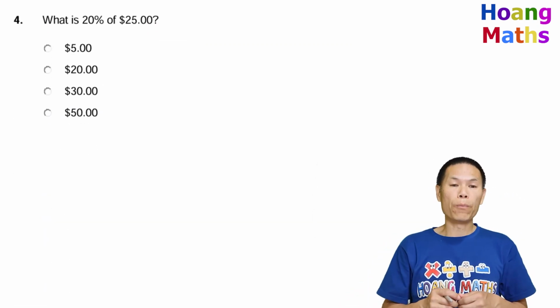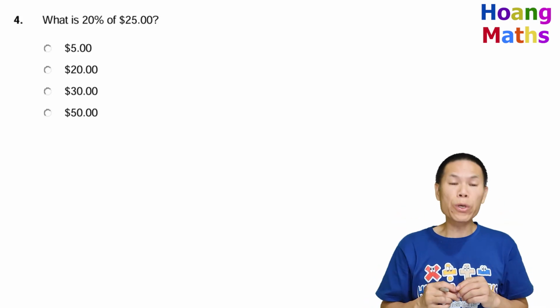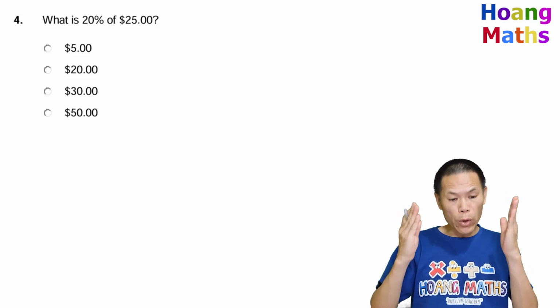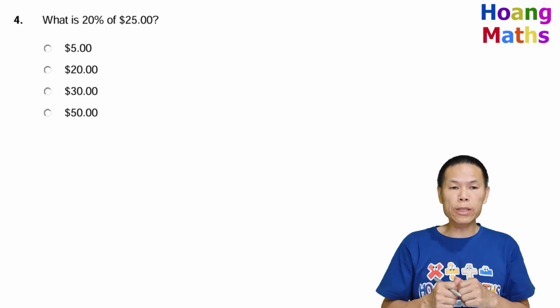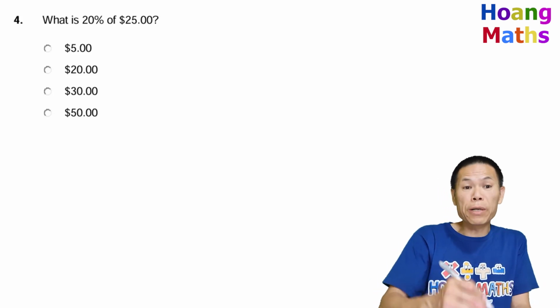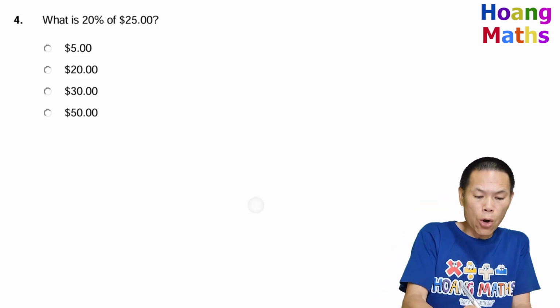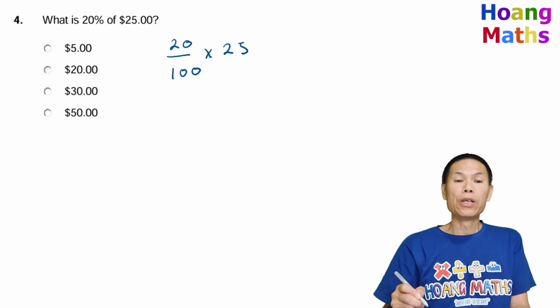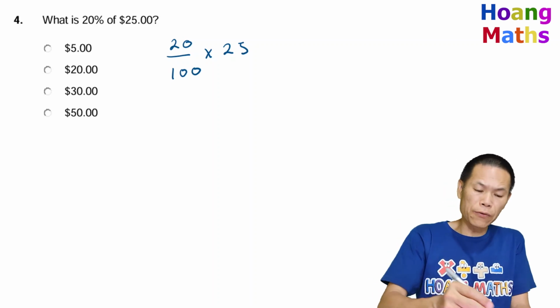Question number 4. Again, don't forget, okay, we're not allowed to use a calculator. What is 20% of $25? So 20% means 20 over 100. And then we times 25. So we can just simplify this first.